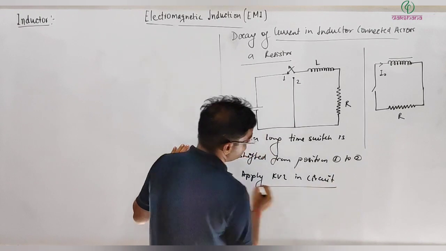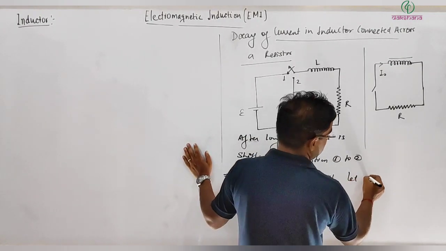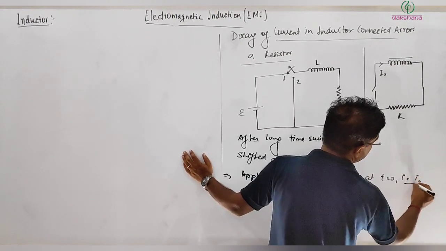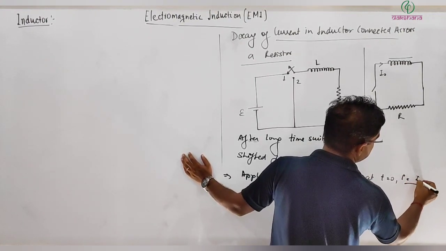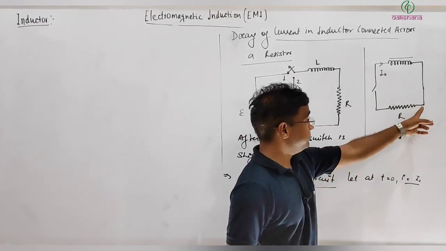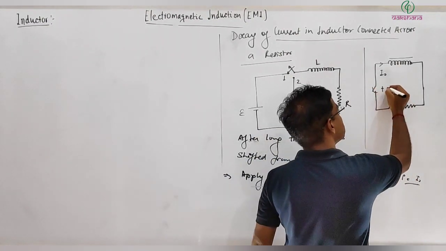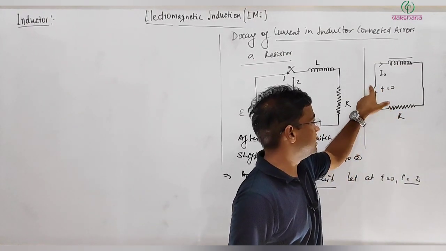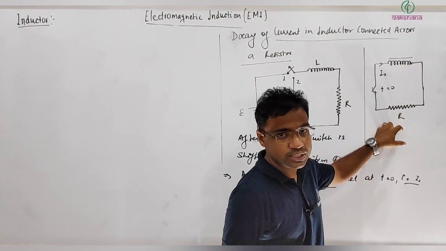So I am here assuming at t equal to 0, I is equal to I naught. Some current is there already in the inductor. So the switch is closed at t equal to 0. Now remember here, when the switch is closed I am making that time as t equal to 0.